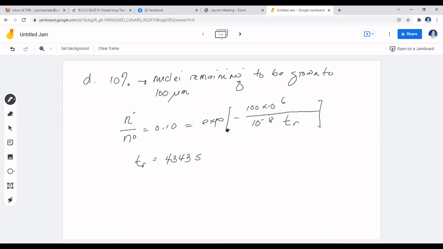So the formula for N prime divided by N naught is actually equal to exp, or an exponential function, with the argument negative d over the g sub d over also the t sub r. So the size of the nuclei, the growth rate, and the drawdown time.